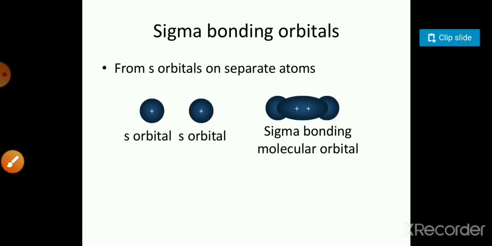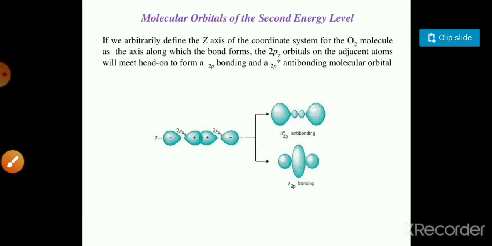Okay, now for the molecular orbital theory of the second energy level, if we take the z-axis as the coordinate system for the O2 molecule, as the axis along which the bond forms, the 2pz orbitals on the adjacent atoms will meet head on and form the sigma 2p bonding and sigma 2p star antibonding molecular orbitals.